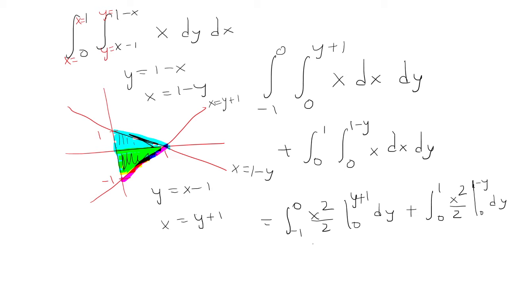Now we plug in y plus 1, so it's y plus 1 quantity squared over 2. If I plug in 0 for x, I get 0, so I'm not going to bother with that. And that's dy. And then we have the integral from 0 to 1. Plug in 1 minus y for x to get 1 minus y squared over 2. And if you plug in 0, you just get 0.